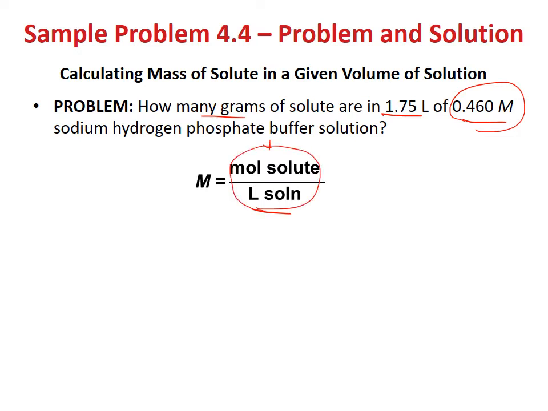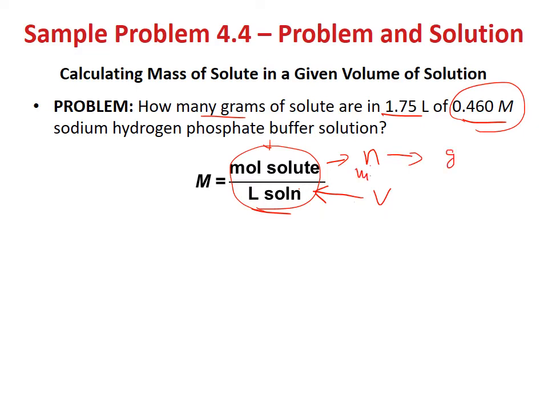Here we know the volume. Using this as a conversion factor, we can convert from volume, liter, to moles of the solute. And then from moles, we can calculate the grams.